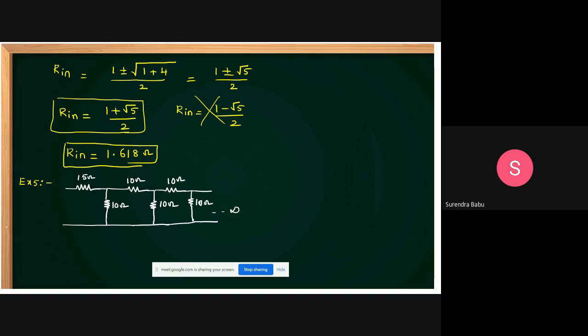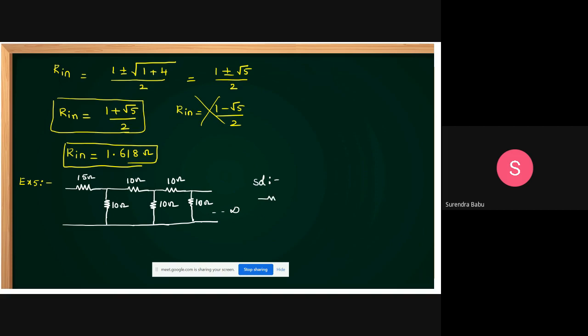15 ohms, 10 ohms, 10 ohms, 10 ohms, 10 ohms. It's very simple. Fraction of minute we can answer. See, the idea behind this one is, I want to write this 5 ohms and 10 ohms as series. This 15 ohms I am splitting like this.